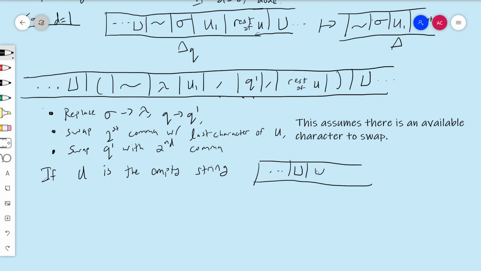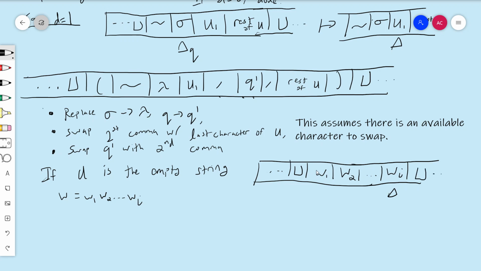I have let's just say W equals W1, W2, ... Wi. This is where the cursor is. Well, and then let's just say that this is the edge of the tape.